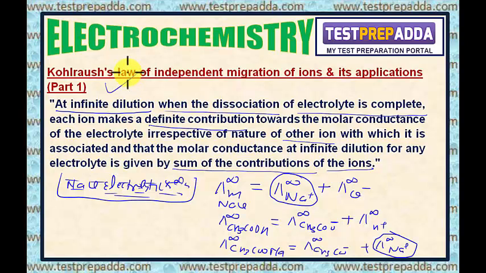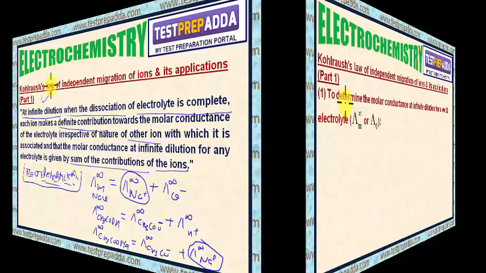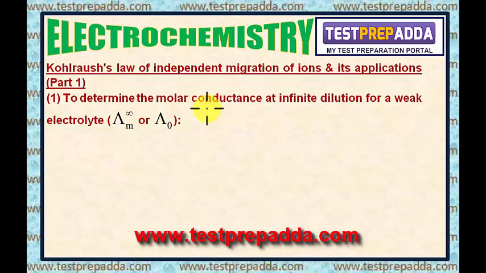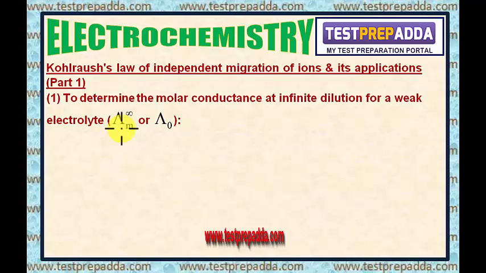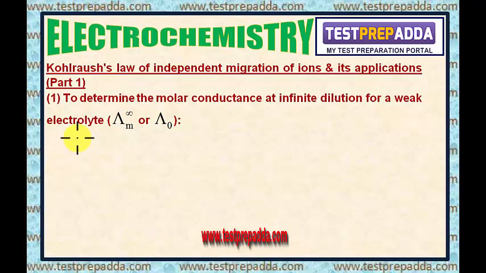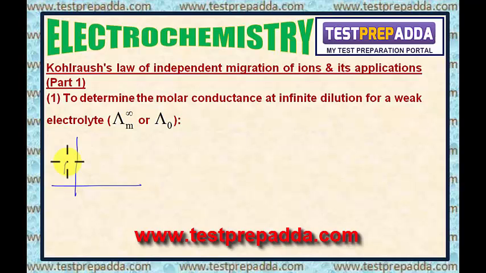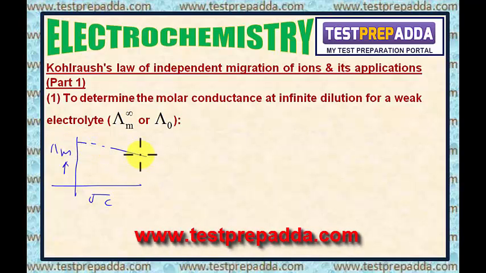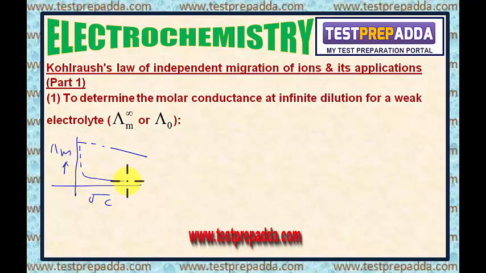Now I will talk about the application part. The first application is to determine the molar conductance at infinite dilution for a weak electrolyte. Dear students, if you recall session number 4 of this electrochemistry, there I told you the graph between lambda m and root c. For strong electrolyte, I gave the graph like this, and for weak electrolyte, I gave the graph like this.